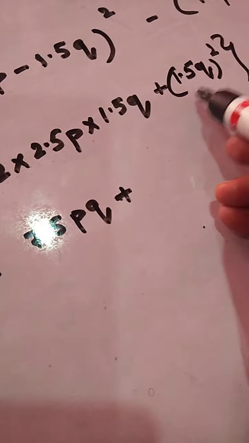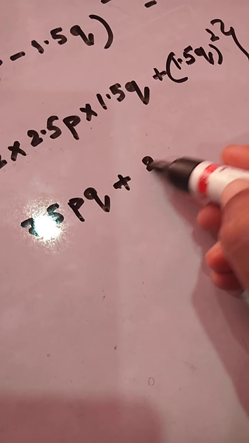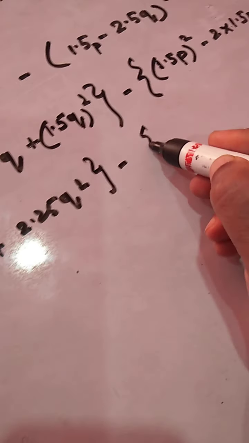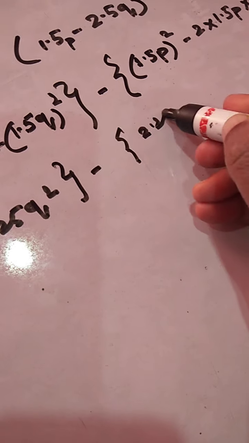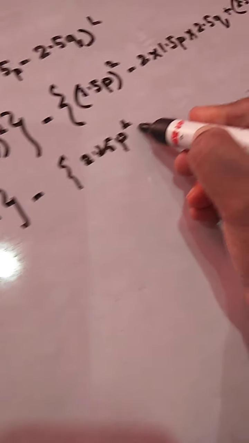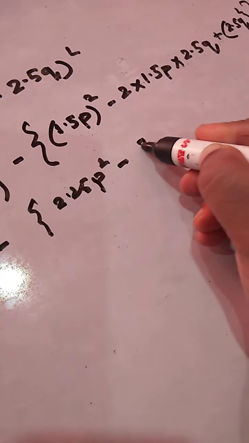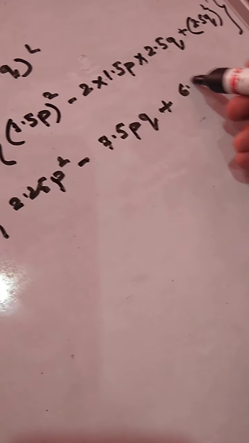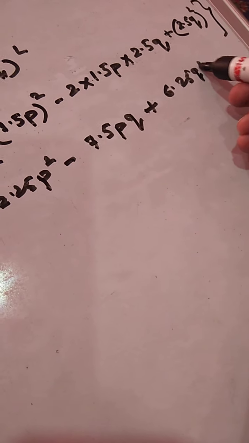And then (1.5q) square would be 2.25 q square. We'll put it inside the bracket. The same thing we'll write for this also. It will be 2.25 p square, 7.5 pq, and finally this will be 6.25 q square.